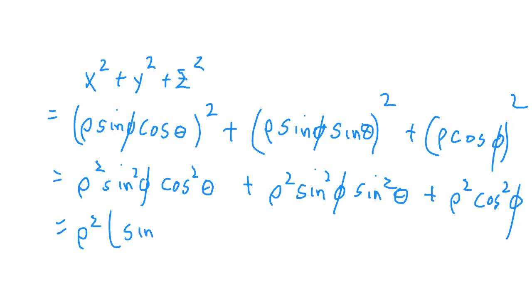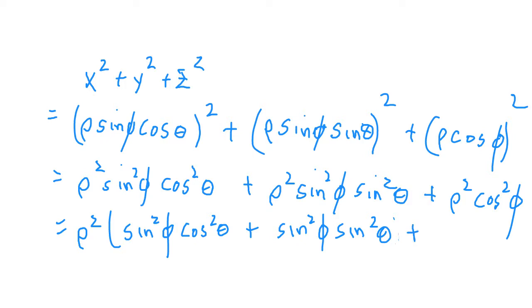So we have rho squared times sine squared phi cosine squared theta plus sine squared phi sine squared theta plus cosine squared phi.